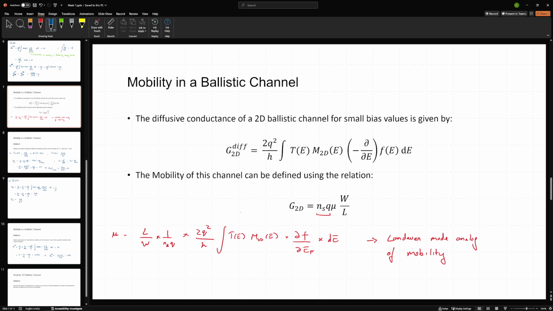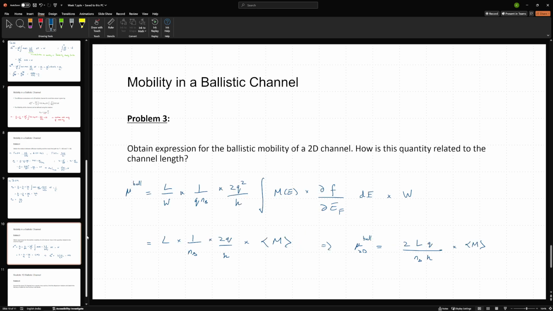So coming back to this anomalous looking object, mu 2D ballistic. Does this imply that this is proportional to L, that it will keep increasing with L? Is this true?